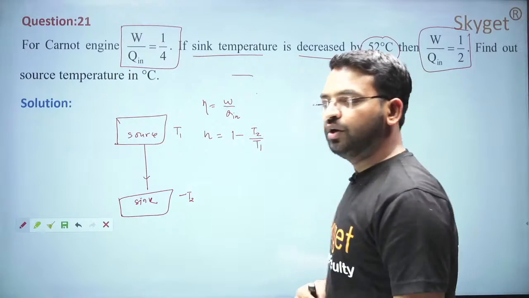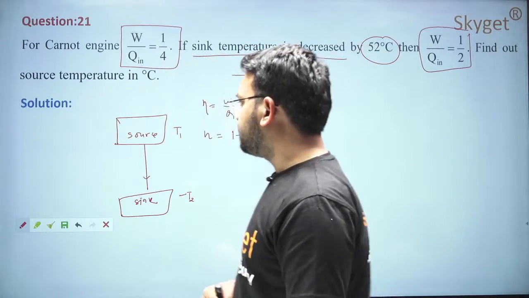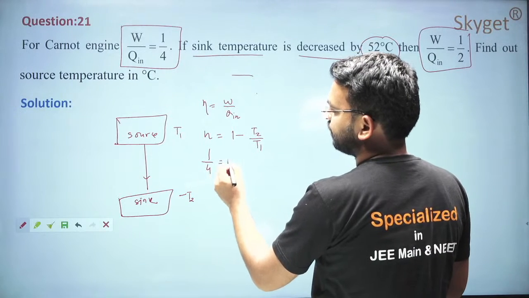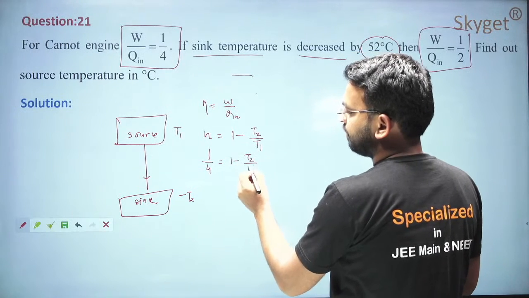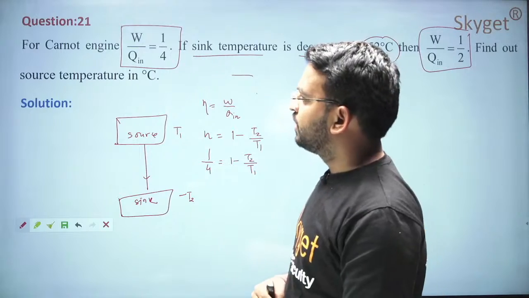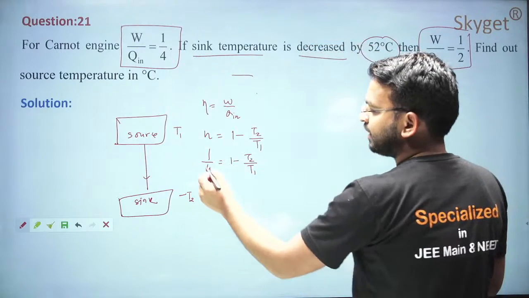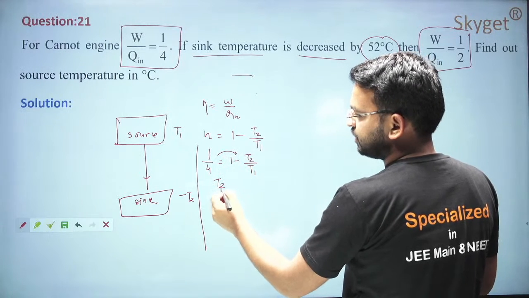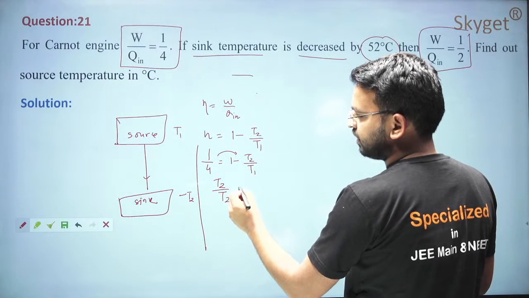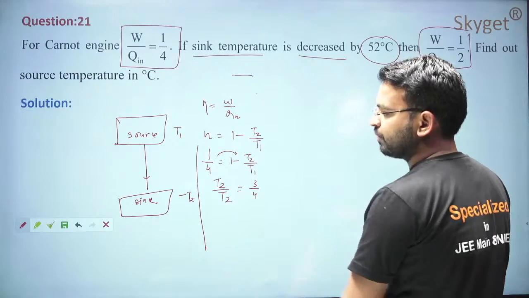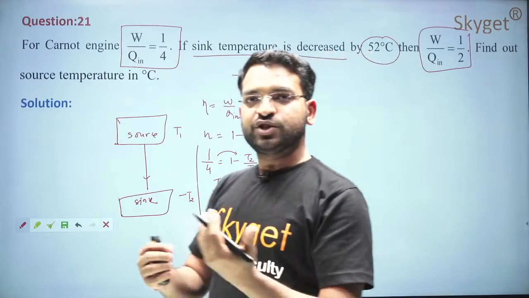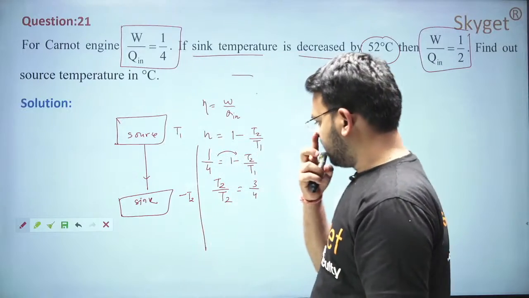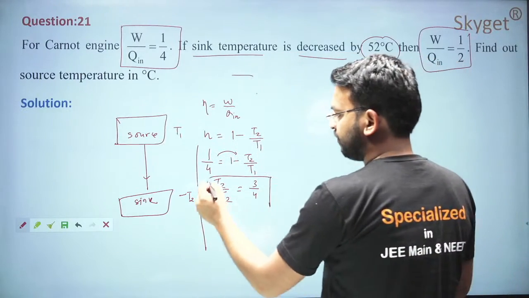This is also one of the formulas. In this case, they have given the efficiency as 1/4, equal to 1 minus T2 over T1. If you take 1/4 to this side, T2 over T1 will become 3/4. Why? 1 minus 1/4 is 3/4. This is your first equation.